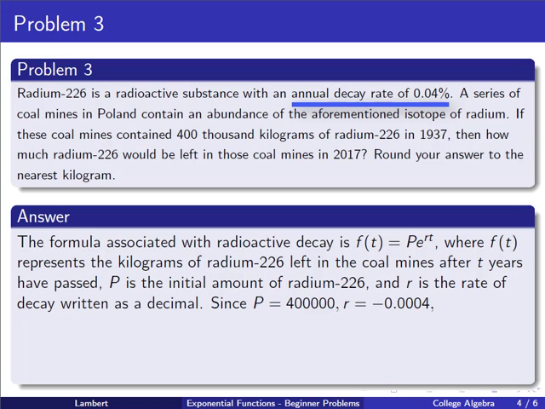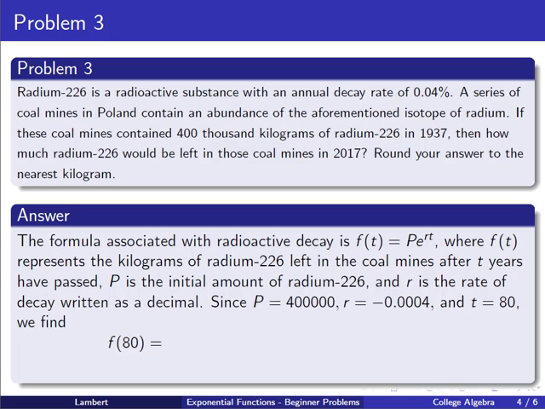And so that means that our R value, written as a decimal, is going to be negative 0.0004. Notice, why is it negative? Because we're decaying rather than increasing our amount. Okay, what is our T value? Well, it says from 1937 to 2017. So if you subtract those two, you should get 80 years.